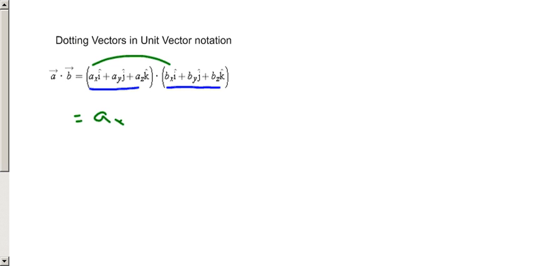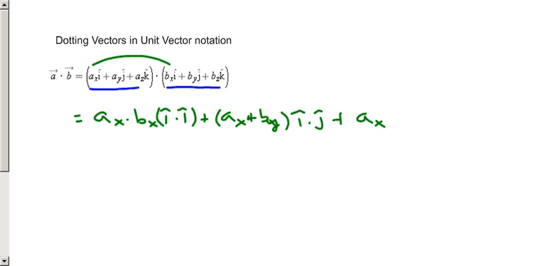What we get is AX times BX i dot i, plus AX times BY i dot j, plus AX BZ i dot k. So that's doing the first row.